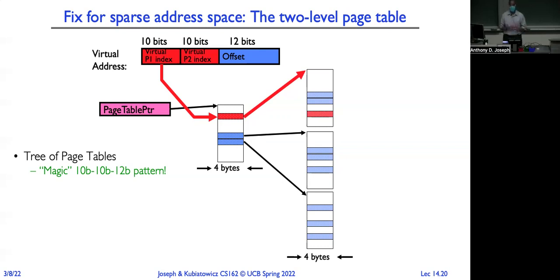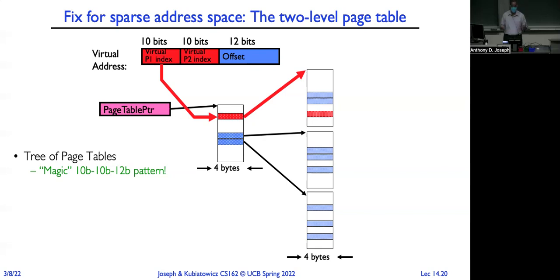Each page table entry is going to be 4 bytes in size. How big is our page? 4 kilobytes. How big is our page table entry? 4 bytes. How many entries do we have per page? 1024. How many bits do we need to index into 1024? 2 to the 10, or 10 bits.